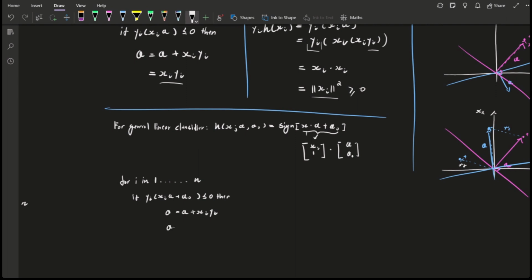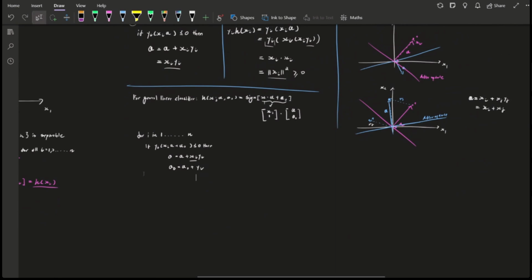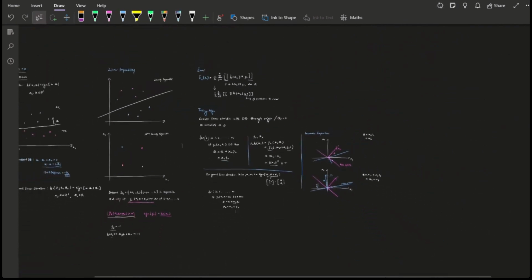And for your theta naught, you realize that it's equivalent to the xi for theta being 1, so you only have to update it by yi. And with this, you know the general algorithm for training a general linear classifier using the perceptron learning algorithm. All right. So far so good. Everyone understand?